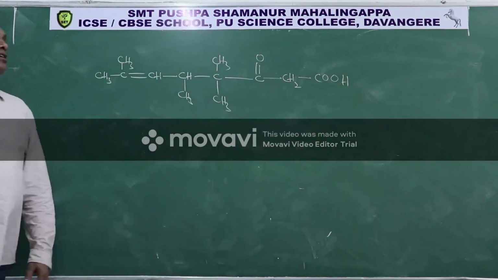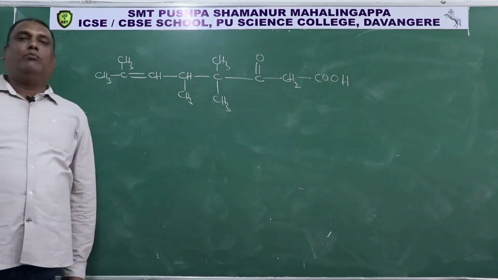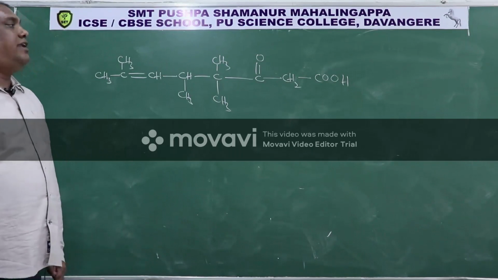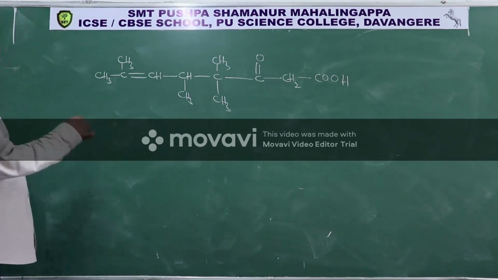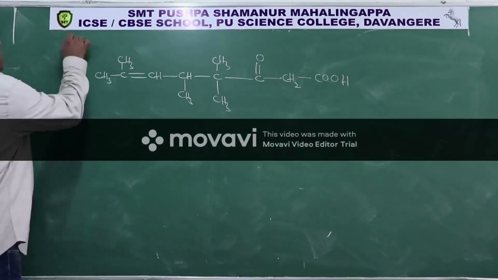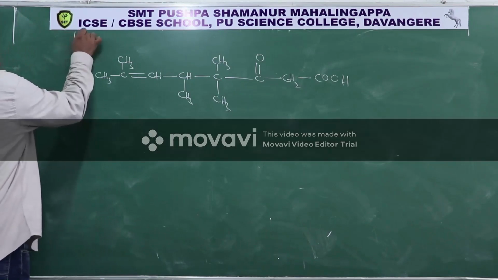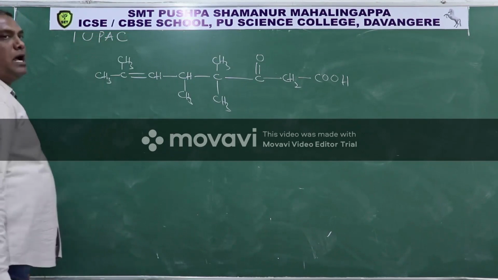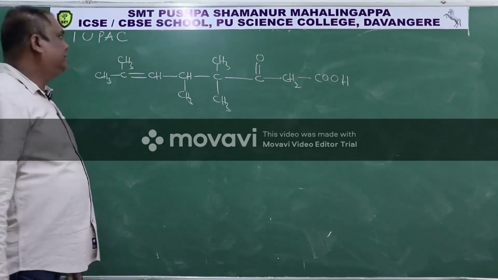Now he will ask, what is the name of this organic compound? For naming the organic compound, we have to follow the rules called the IUPAC system of nomenclature of organic compounds.